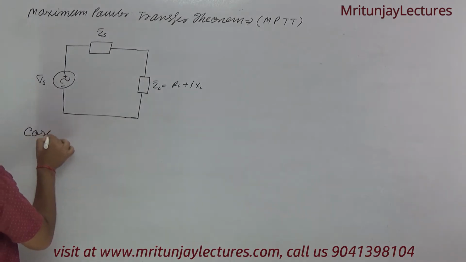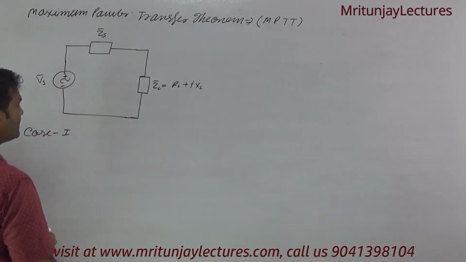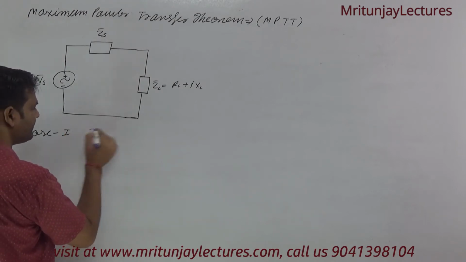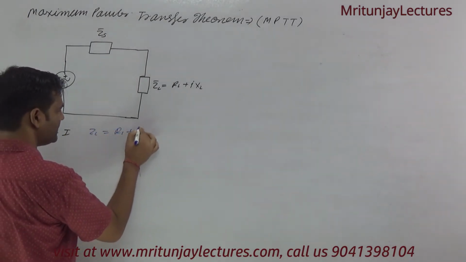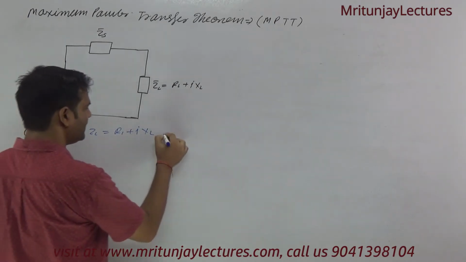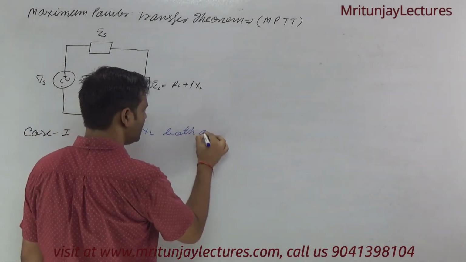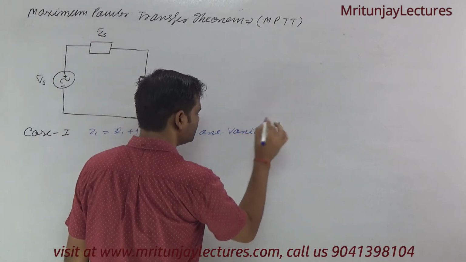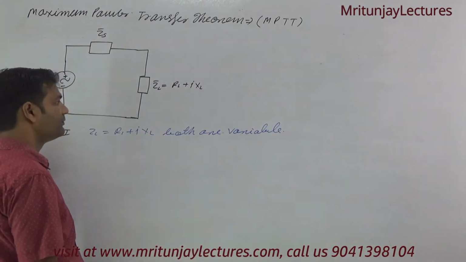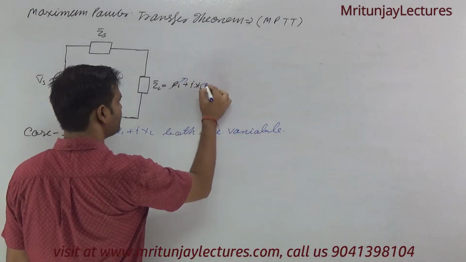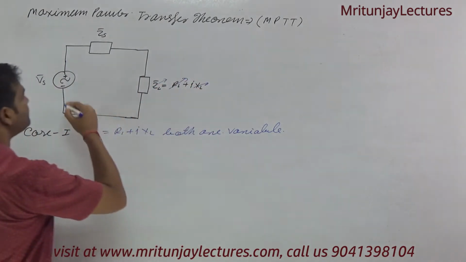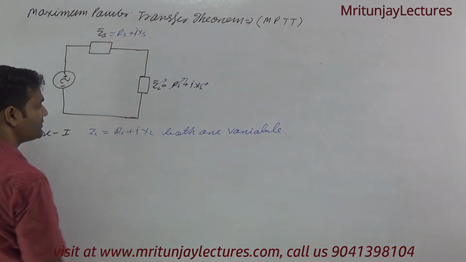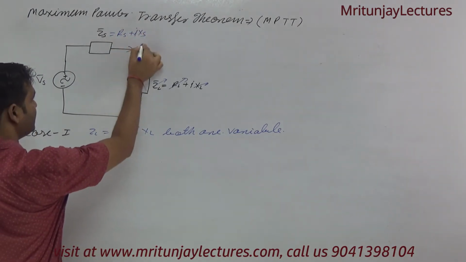Case first. ZL is equal to RL plus jXL, both variable. If both vary, then what about current?